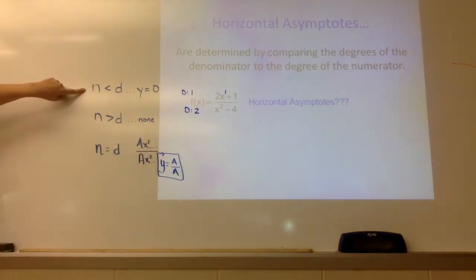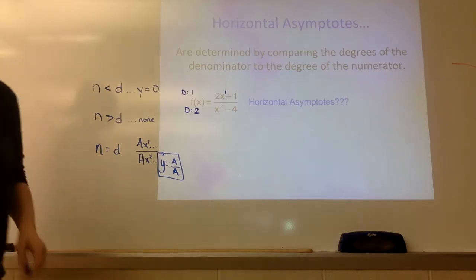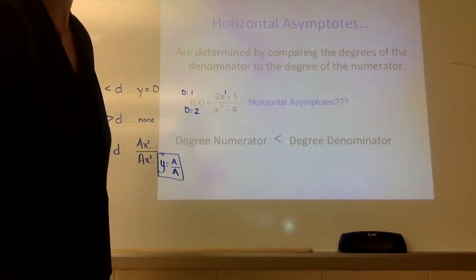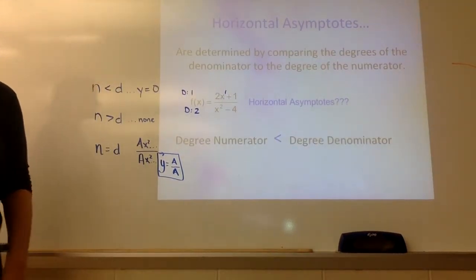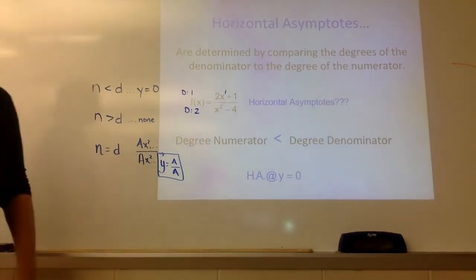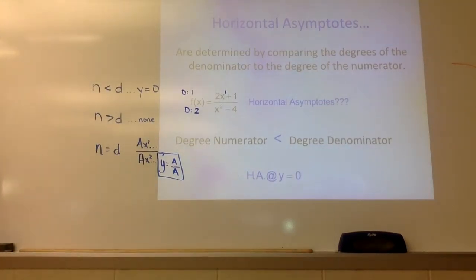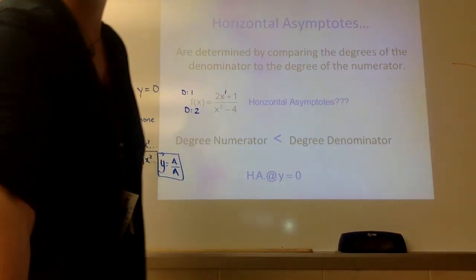The numerator is less than the denominator, so y equals 0 is my horizontal asymptote. That's what we're comparing.